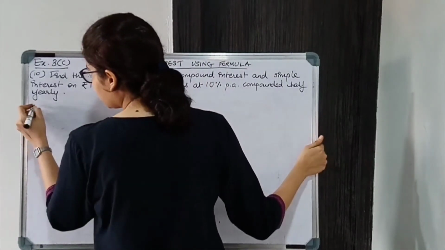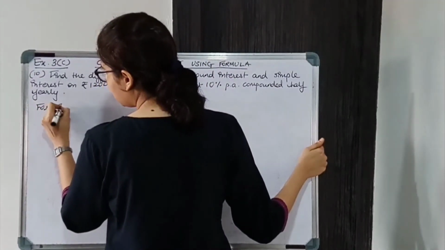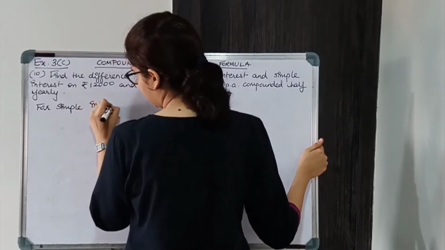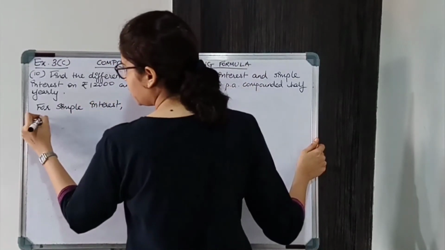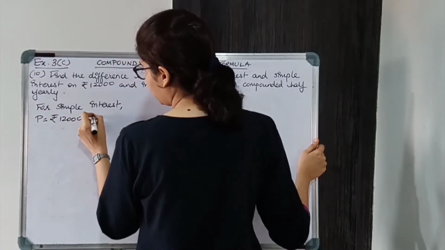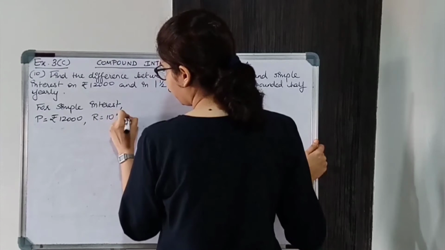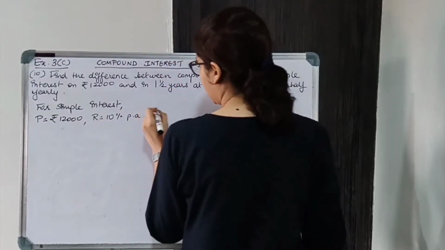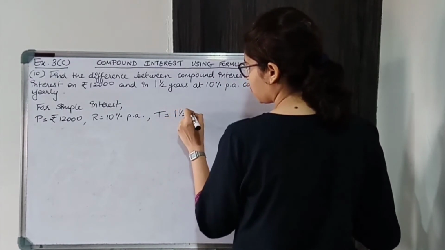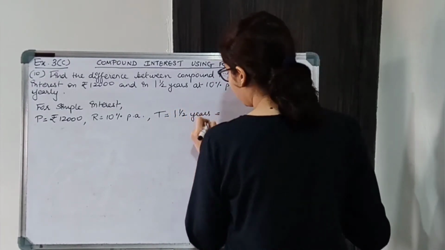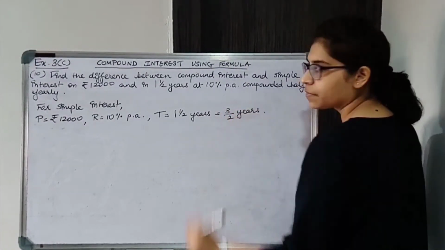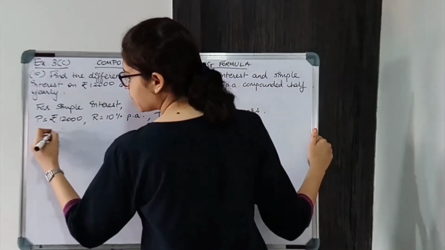So for simple interest, principal is rupees 12,000, rate of interest is 10% per annum, and number of years, that is time period, is 1.5 years. So you can write it as 1.5 or 3/2. Now using the formula, let us find simple interest.